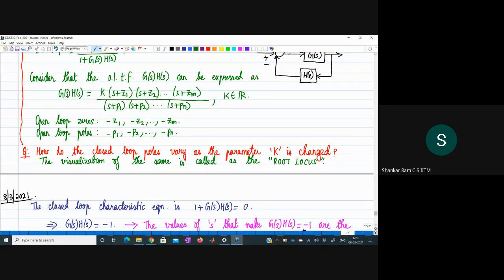So now, having defined the root locus and having looked at the angle condition and the magnitude condition, the question that arises is how do we take this forward? How do we get steps that can help us in constructing the root locus?